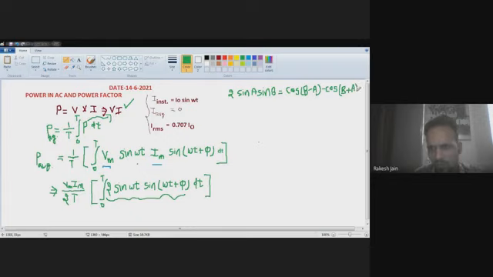This is a formula in trigonometry, which you have already studied in mathematics. This is the formula which I have to use here.